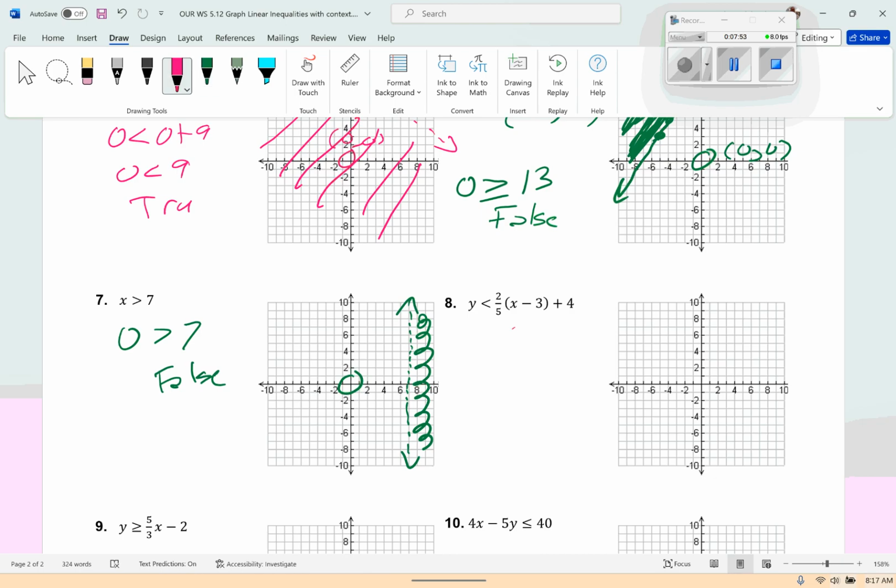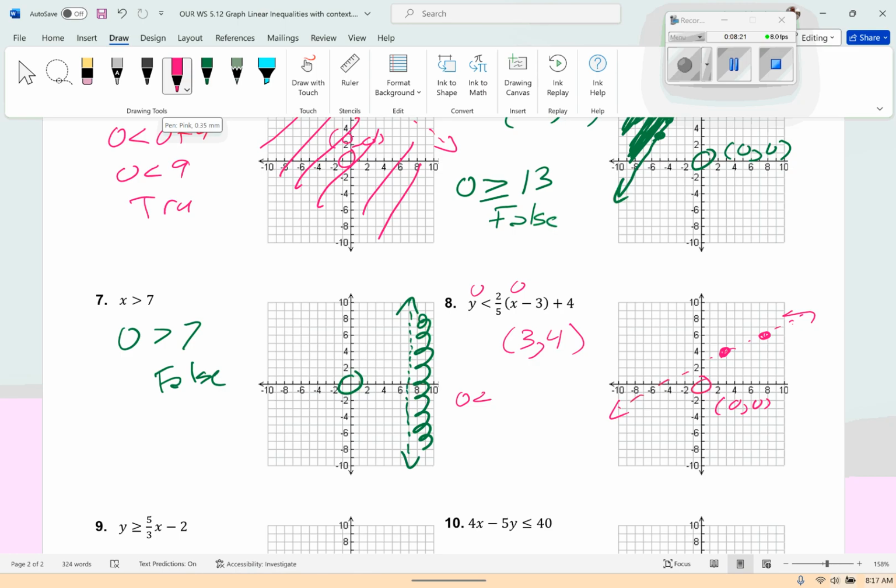Here's one that's in point slope, so I have 3, 4. Remember, opposite coming out of the parentheses, same outside, so right 3, up 4. I have a slope of 2/5, so I'm going to go up 2, right 5. This is a dotted line. I can see 0, 0 is underneath the line, so I'm going to plug that in. I got 0 there, 0 there. So 0 is less than 0 minus 3 is negative 3.